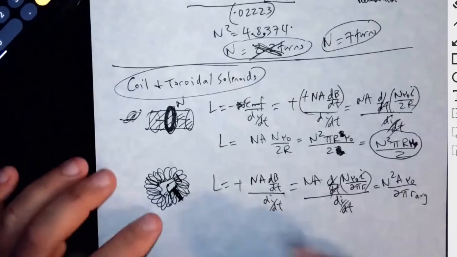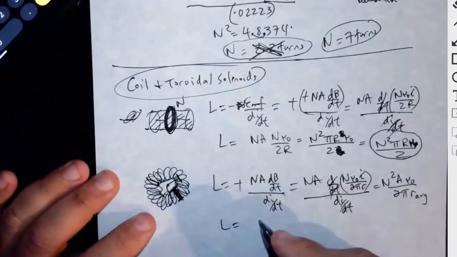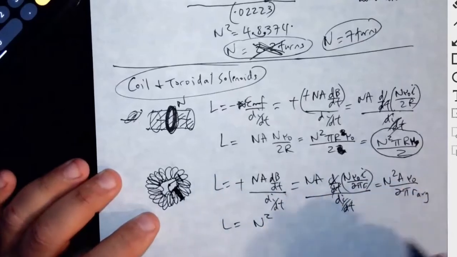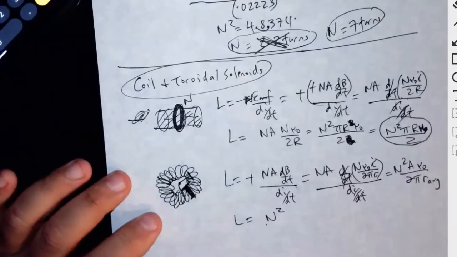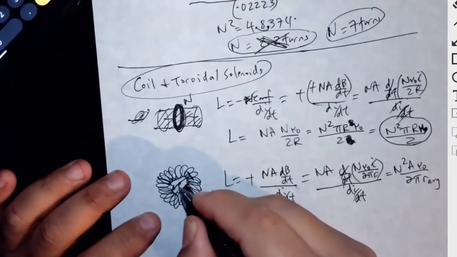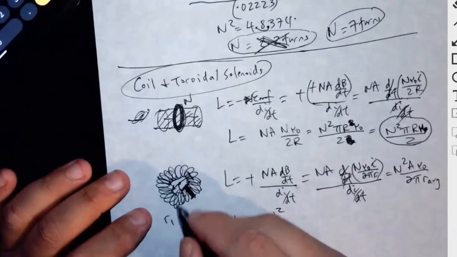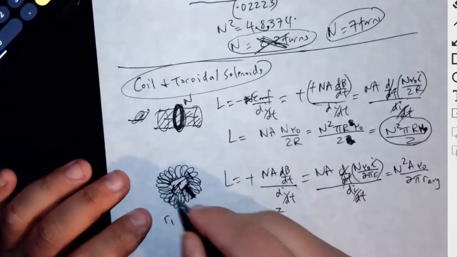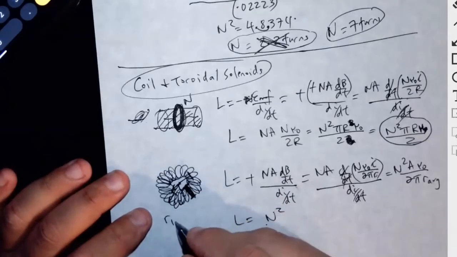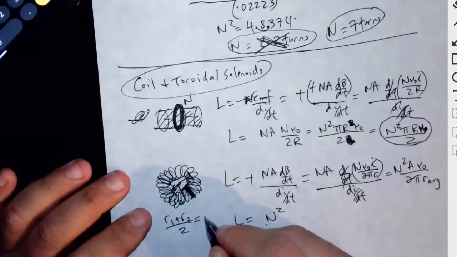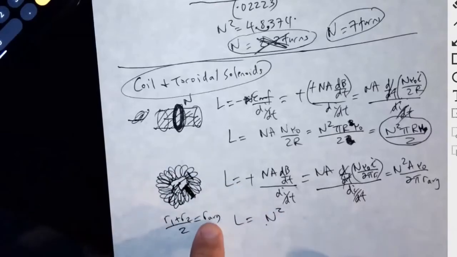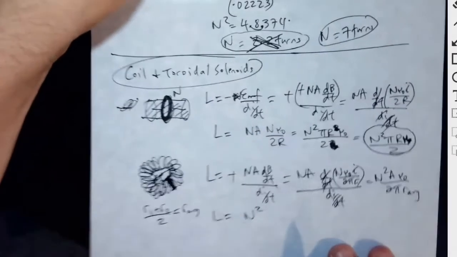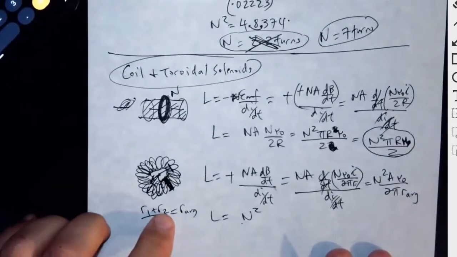Right? And now, what will A be? What we could do is have an inner radius R1, and then an outer radius R2. So R1 plus R2 over 2 is our average. So we can come up with an equation with inner radius and outer radius.